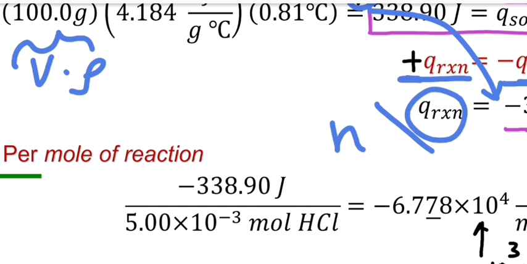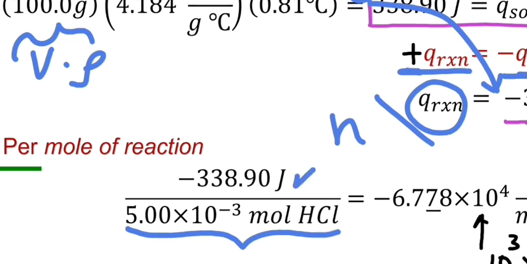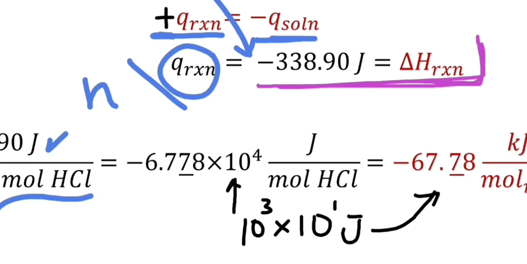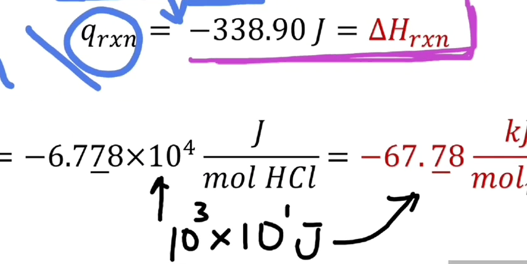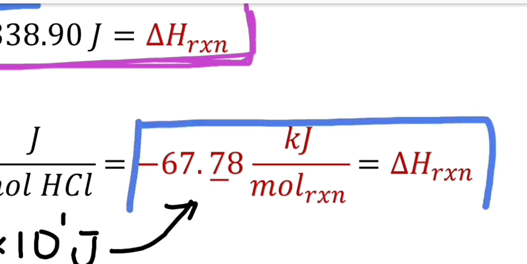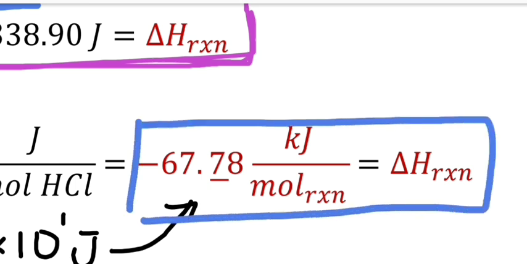So now we selected the moles of hydrochloric acid. This is the heat of the reaction, and then we just take the ratio and make the conversions that are necessary. Now we end up having that our enthalpy for the reaction per mole of the reaction is approximately equal to minus 67.8 kilojoules per mole.